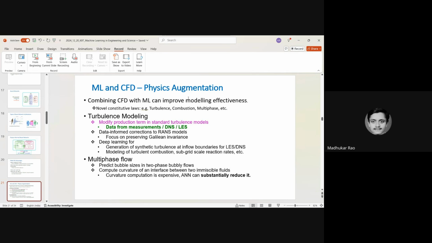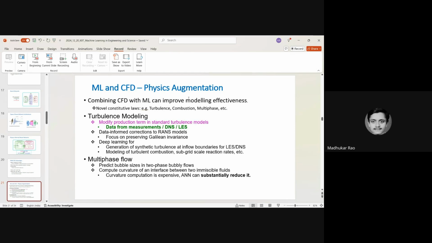So you can combine CFD with machine learning by using this to improve modeling effectiveness. Other advantages include you can embed novel constitutive laws, for example, novel turbulence models, combustion, multiphase, and so on. You can bake in data from measurements, from DNS, from large eddy simulations.